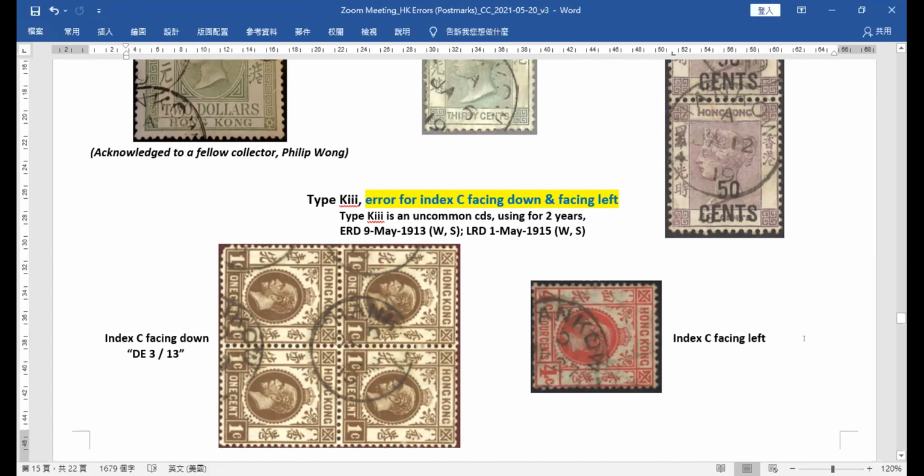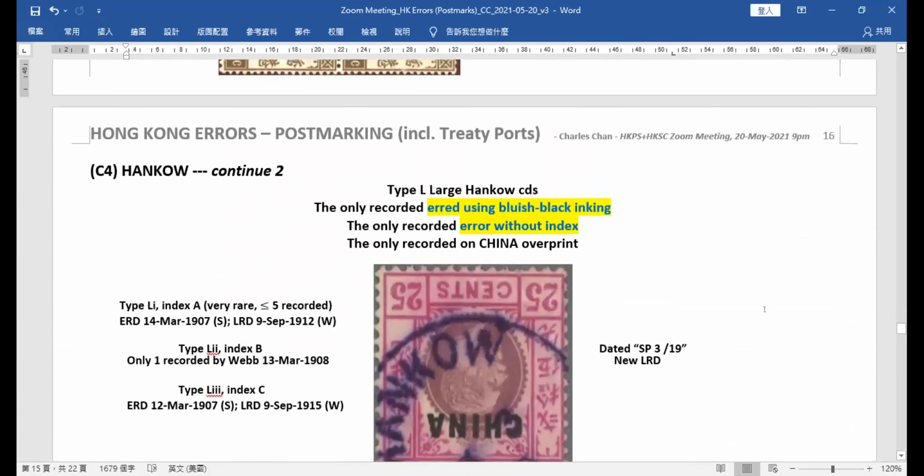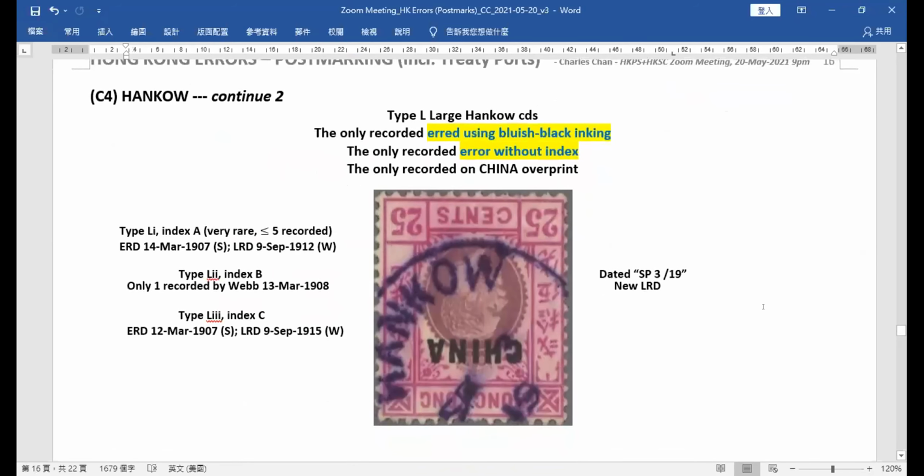Any question on this page? Then I go downward. It is a large hand count CDS. No index. The inking looks to be bluish black inking.